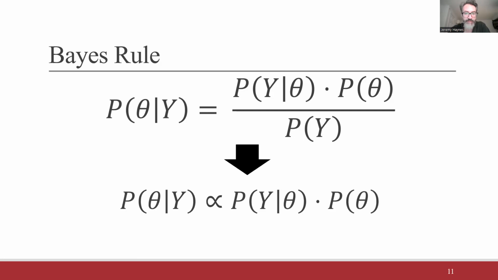We can actually say that the posterior distribution on the left-hand side is proportional to the joint distribution on the right-hand side. Now, this doesn't get us fully out of the woods yet because we still have to calculate our joint distribution. And as we talked about before, the joint distribution by itself does not integrate to 1. And so now we don't have a probability distribution, and we really can't calculate the probability of our parameter given our data.